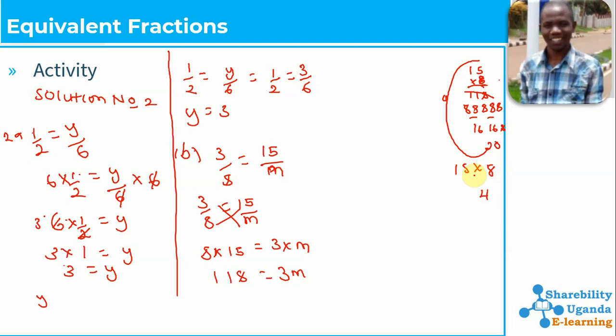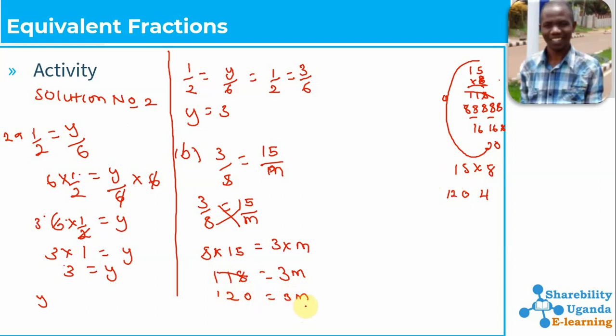Okay, 8 times this, we get 40. So we shall write our 0 and we carry 4. So 8 times this, we get our 8, then plus 4, we get 12. So our answer here is going to be 120, which is equal to 3m.